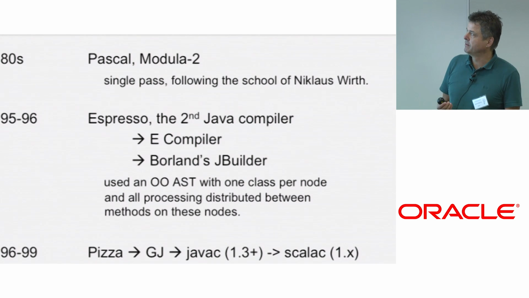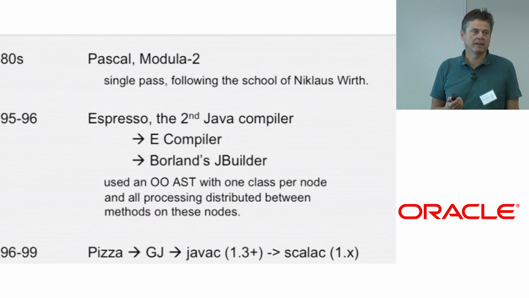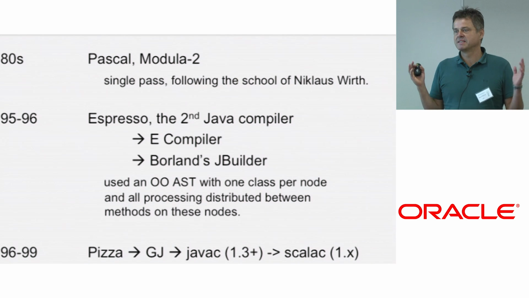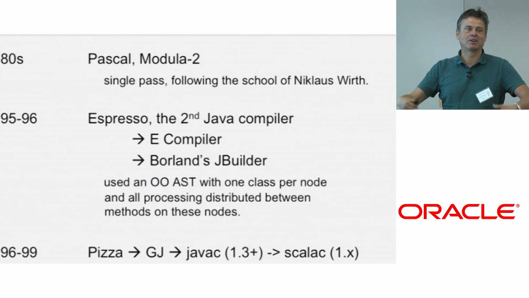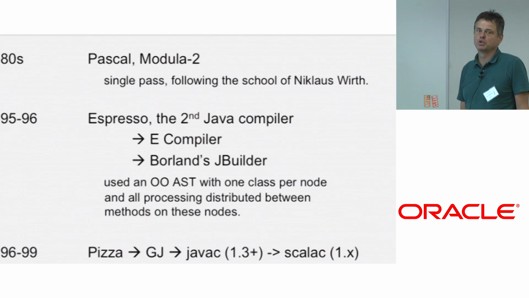So I've been essentially a compiler guy for all my life. I started in the 80s. I wrote a Pascal compiler that got bootstrapped on an Osborne 1, 52 kilobytes of memory. First version was in assembly code because the only freely available language at the time was BASIC, and that was unusable. So we wrote it in assembly, and then we bootstrapped Mini Pascal to Micro Pascal, Mini Pascal, Full Pascal, and that became Modula-2.